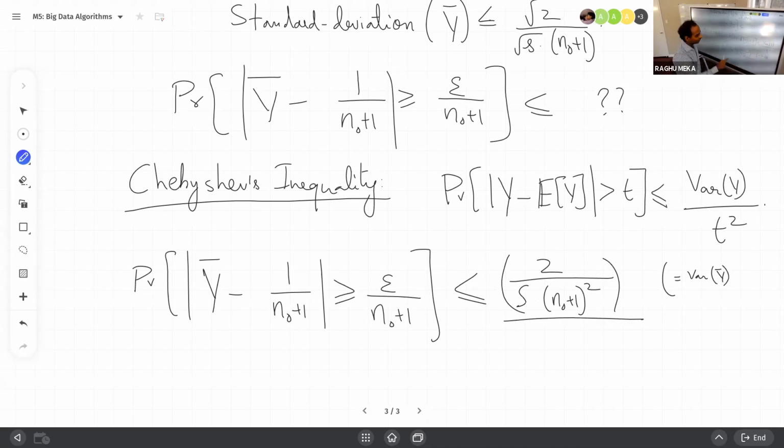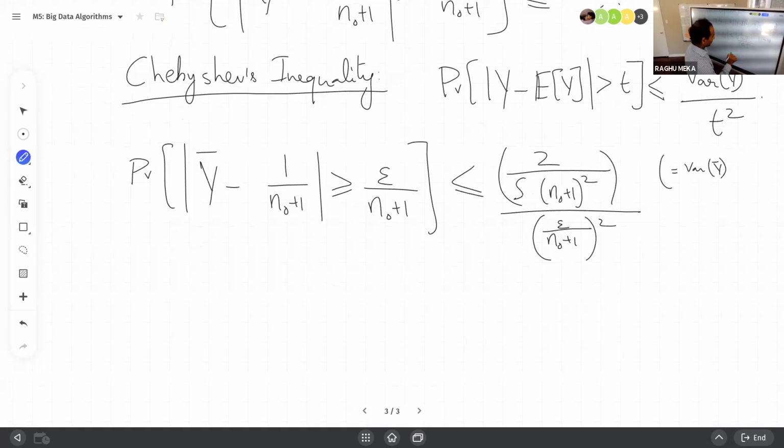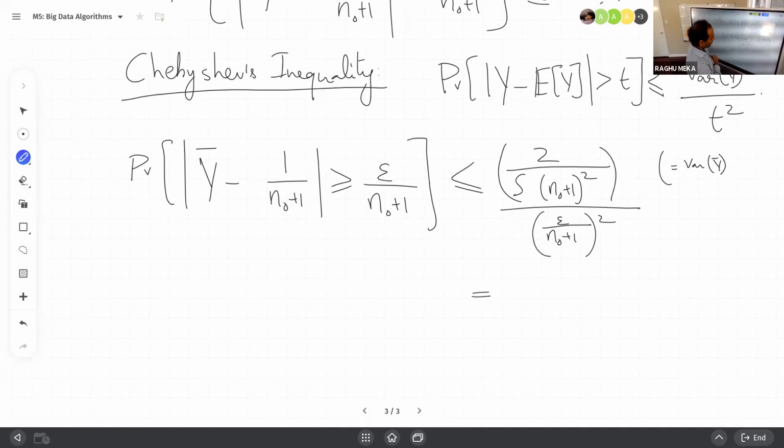And then I'm applying with t, which is like an epsilon factor multiplicative approximation.